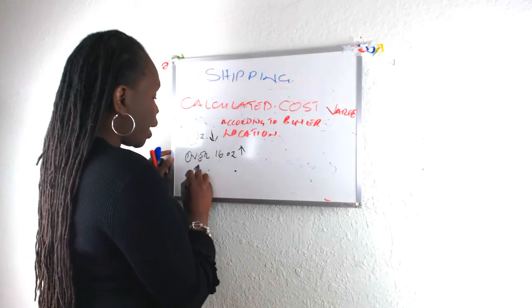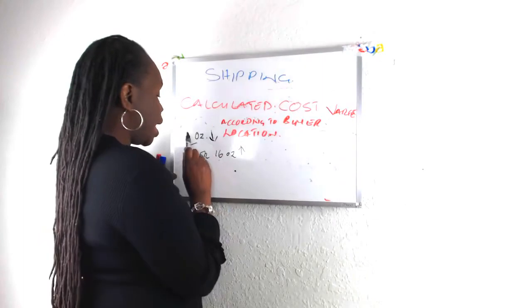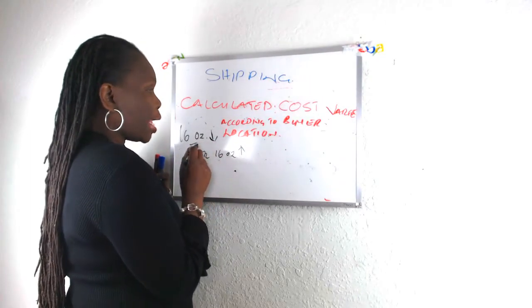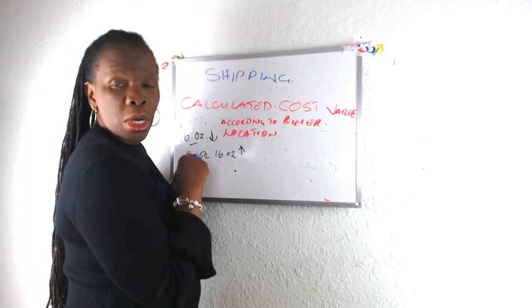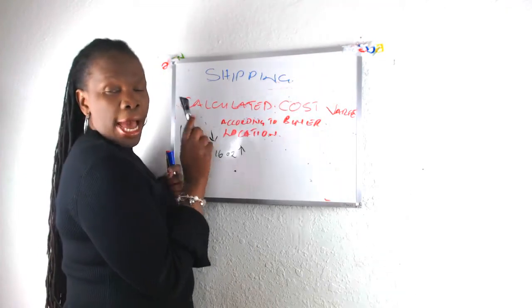Why this is important is anything that is 16 ounces or less goes as first class shipping. So from 1 to 16 is first class shipping.